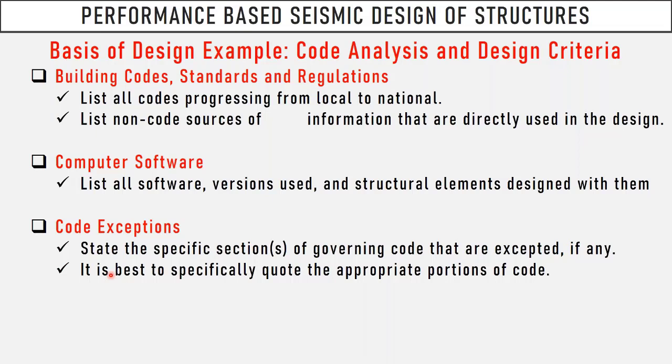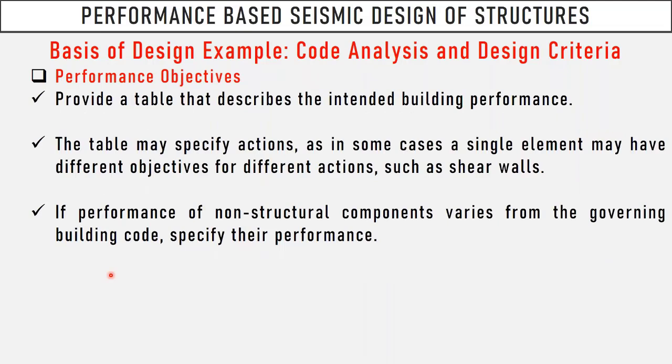You should state that first. And of course, you should provide a performance objective table, not only for the whole building, but for the non-structural components. Because, as I mentioned, now we will also consider the response of non-structural elements, their seismic mitigation, or, in case of seismic action, their loss.